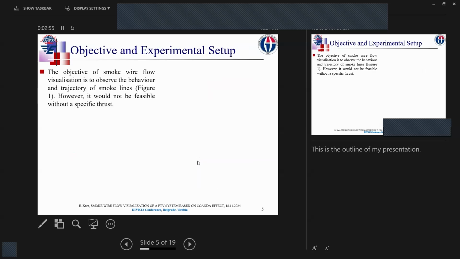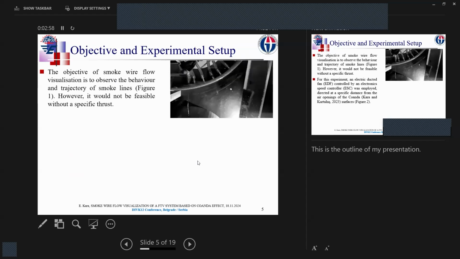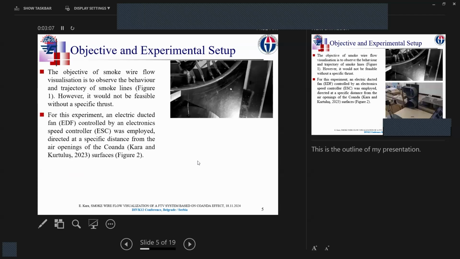And the objective of the smoke wire flow visualization is to observe the behavior and trajectory of smoke lines, here in figure 1. However, it will not be feasible without specific thrust, so we should select a specific thrust to develop these lines. We will have a look at these lines at the end of the slides as a video.